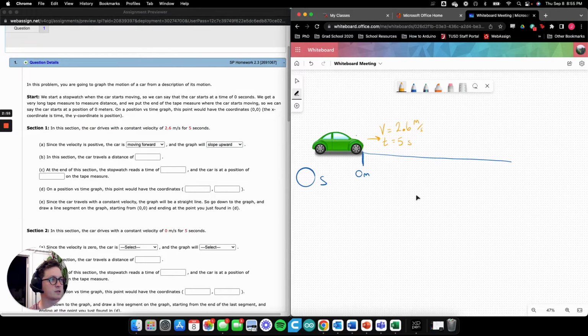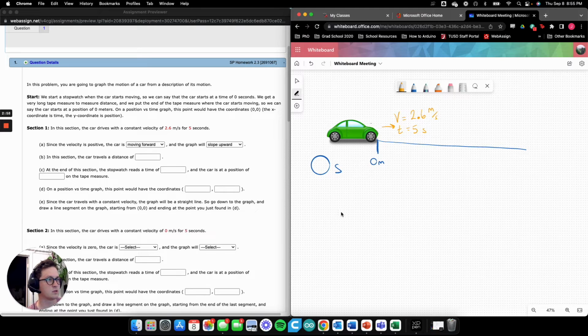And that is because in our notes, the notes that we took the other day, an upward slope is positive. Flat, meaning 0 slope, this sort of slope is 0 motion, and a downward slope is negative motion.